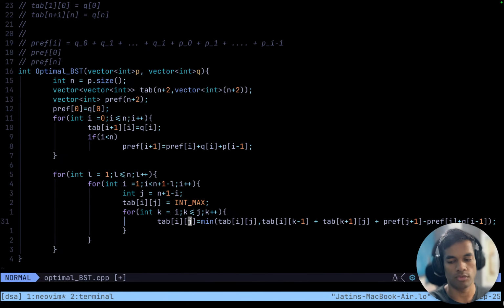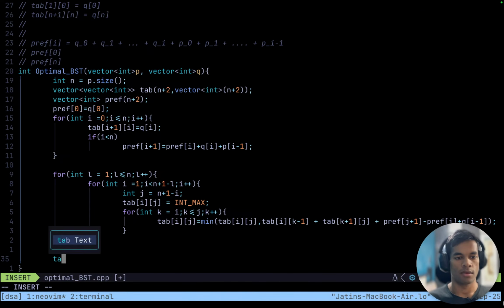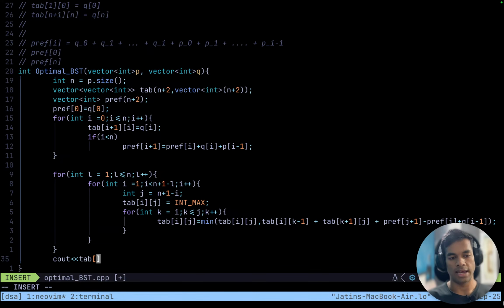All the nodes plus one extra node does not make sense. Yeah, cout tab n when I'm choosing all the n nodes dot back, not dot back, no. I'll fix this.